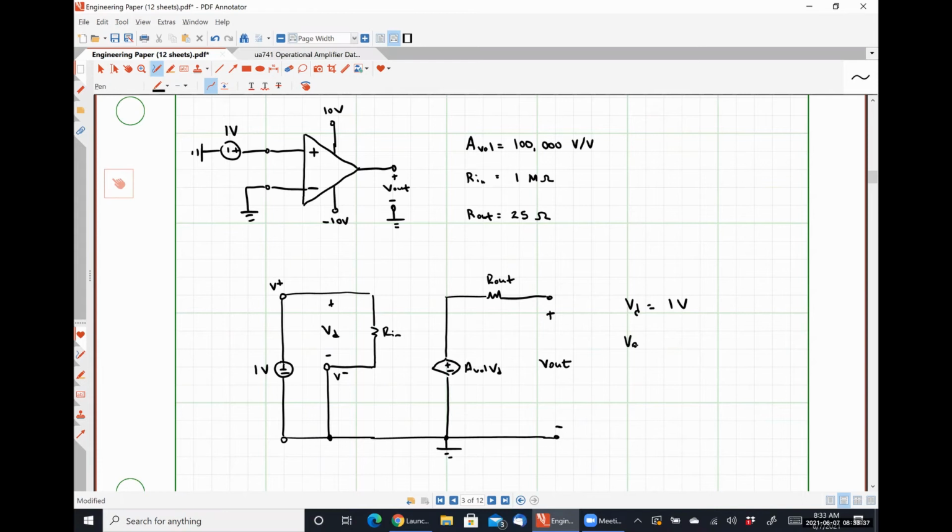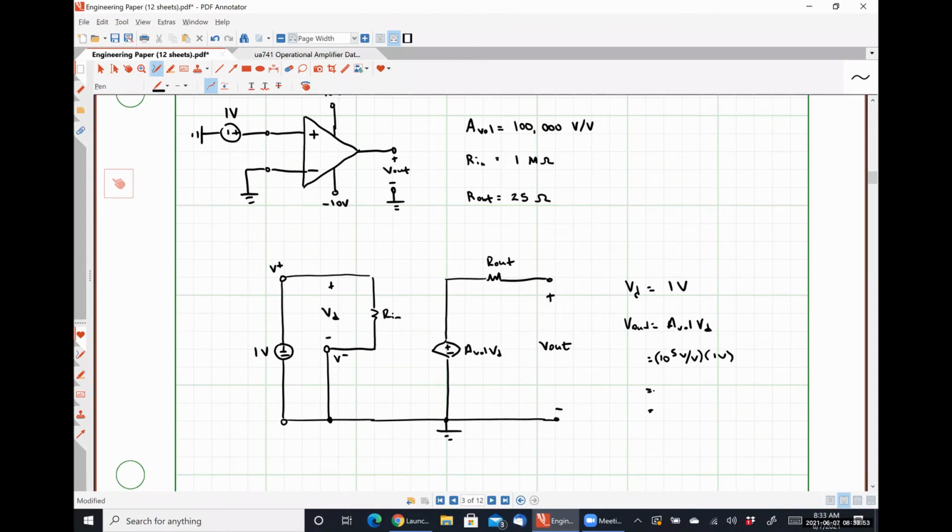So V out is AVOL times VD, which is 10 to the 5 volts per volt times 1 volt, which is 100,000 volts, according to our practical op-amp model.